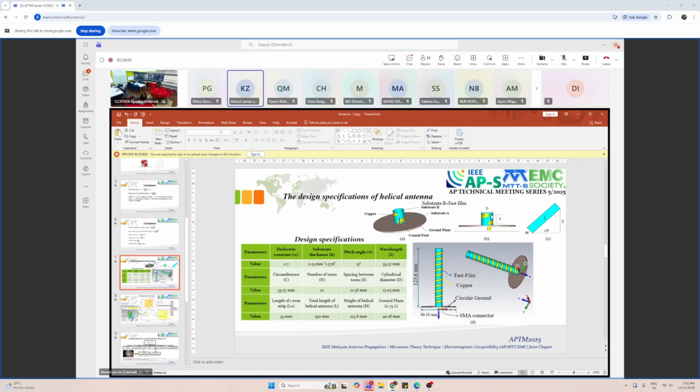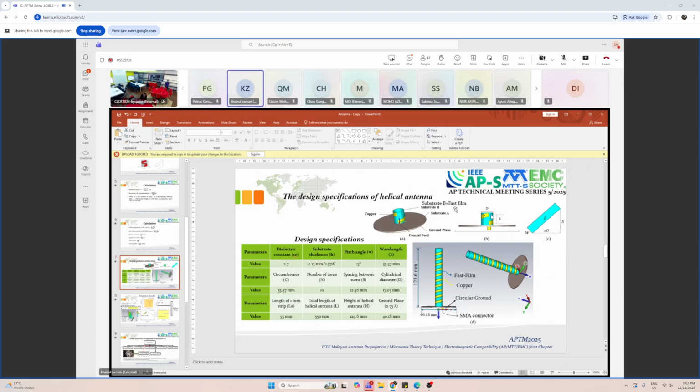In this presentation, we design a printed helical antenna with a circular ground plane, as we can see here. This is a helical antenna with one turn. The yellow color is the copper.